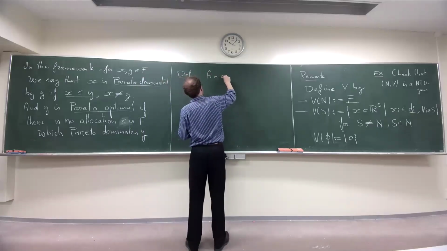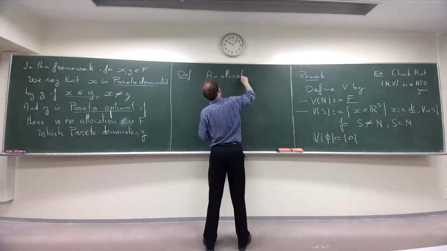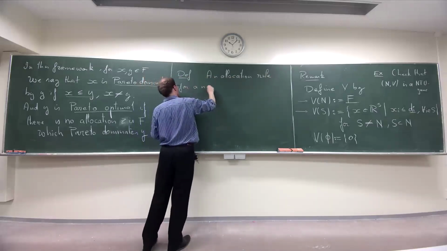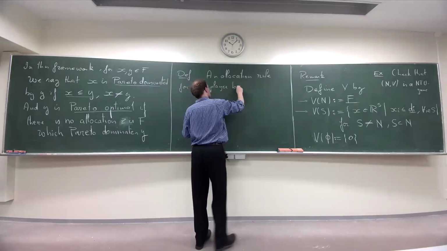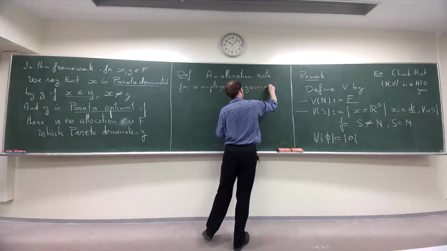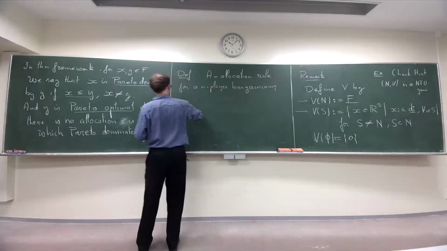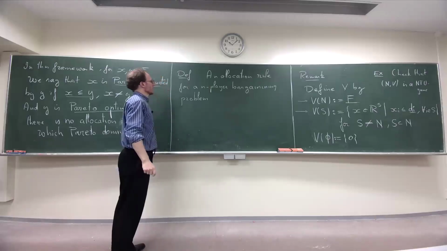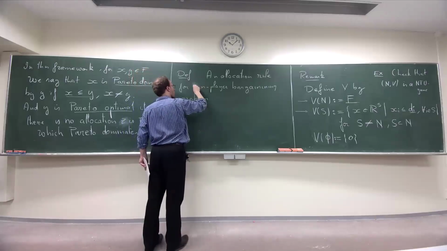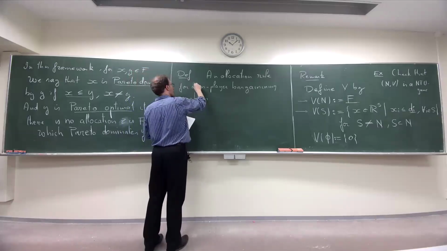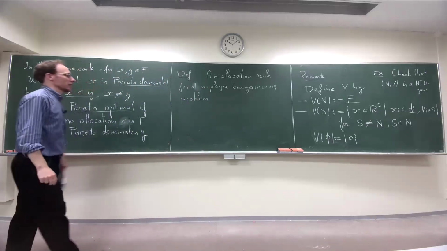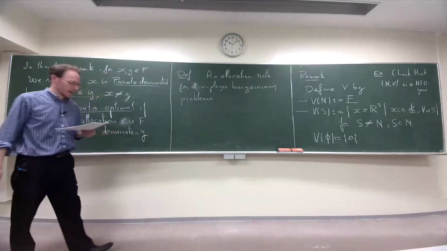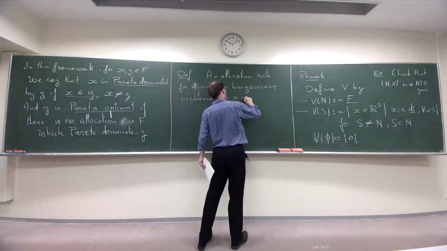So an allocation rule for n-player bargaining problems, probably I should be more precise, is a map.